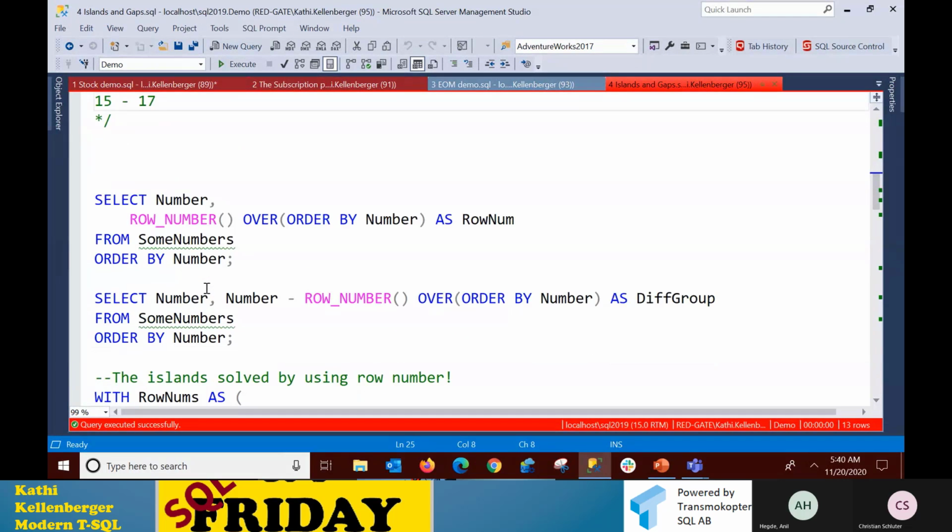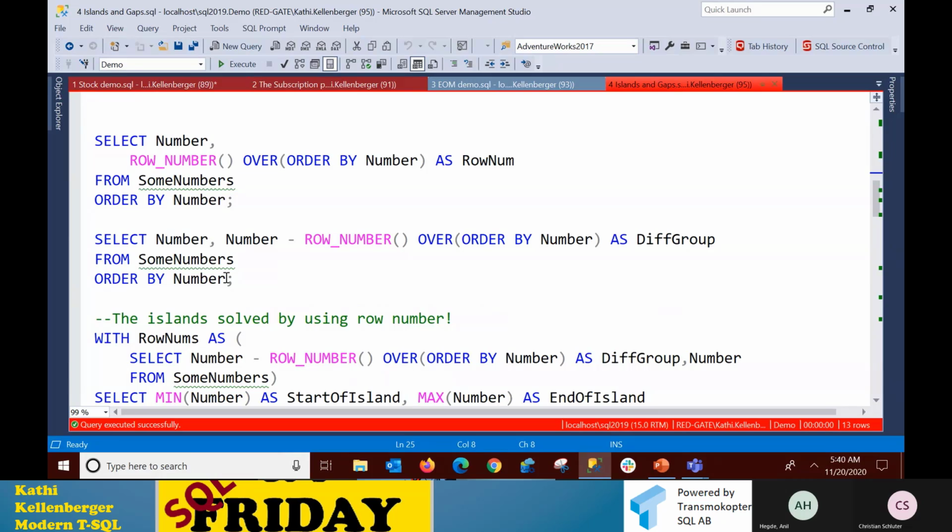How do I solve this problem? When I see some of these tricky problems, a lot of times I'll just throw in a row number, which is also a window function. This one was from 2005.